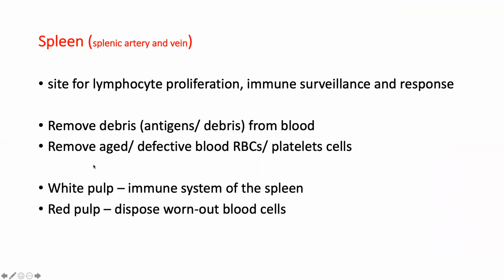Its functions are removing the debris, which could be antigen or debris from the blood, and removing the aged, defective RBC and platelets from the blood. It has got white pulp and red pulp. White pulp is related to the immune system, and red pulp is for disposal of red blood cells.